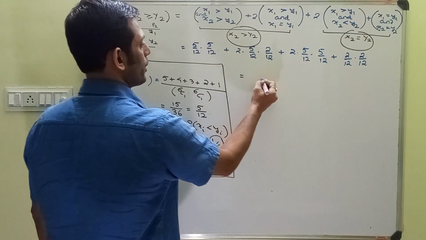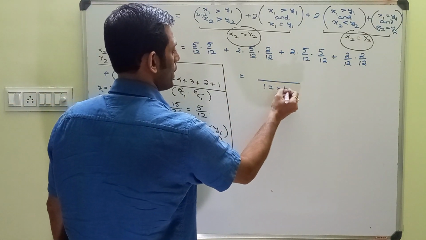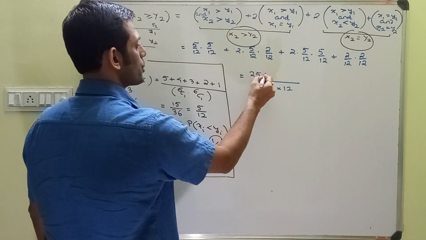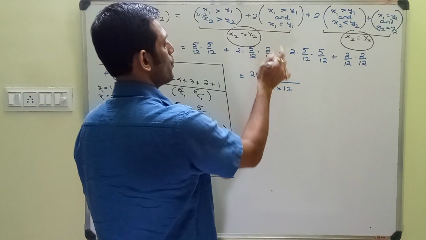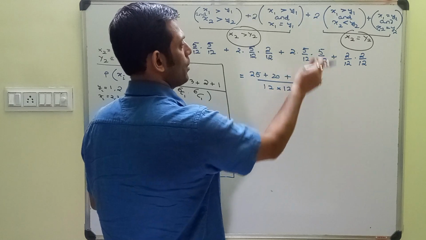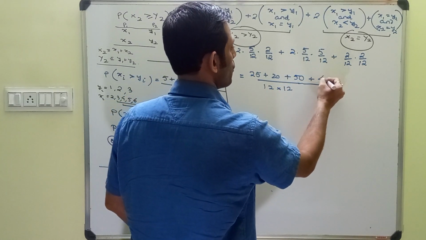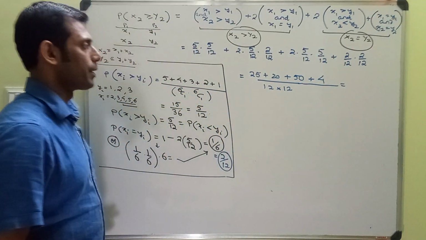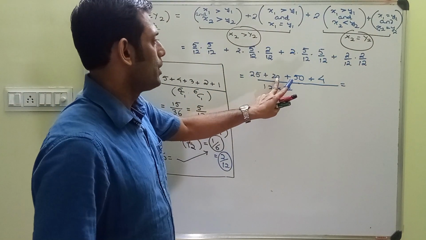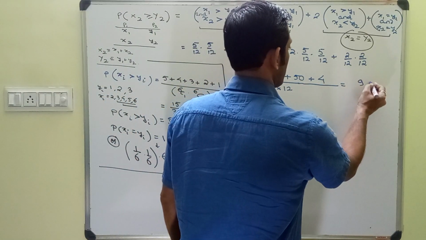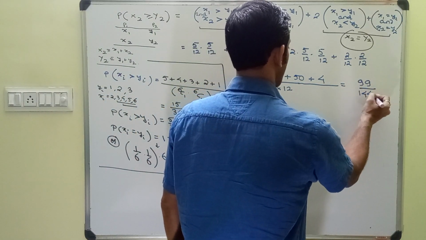So let us do one thing. Let's take 12 cross 12 in the denominator and now begin counting with the numerator, that is 25 plus 4 5s are 20, plus 25, 2s are 50, plus 4, and how much does it bring? 70, 95, 99. 99 by 144.